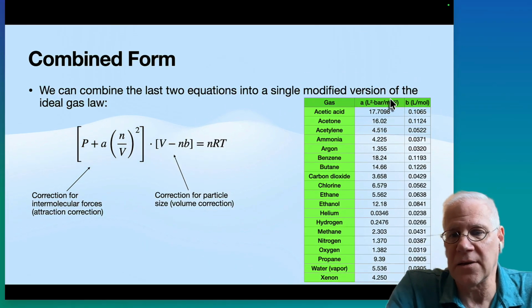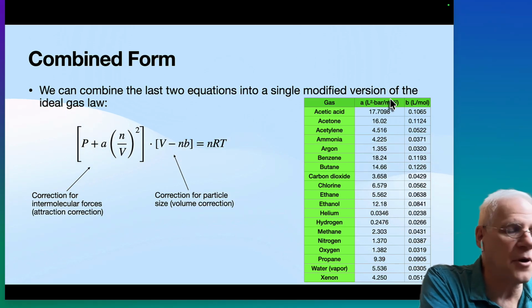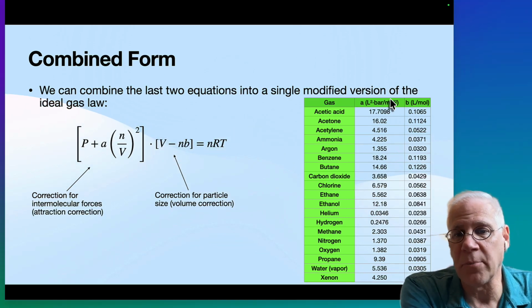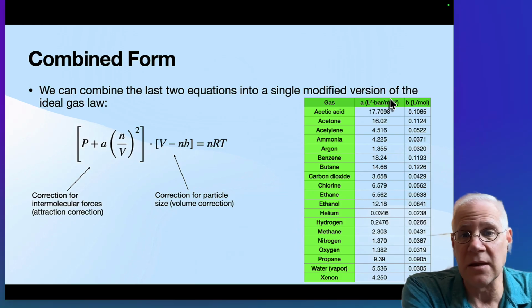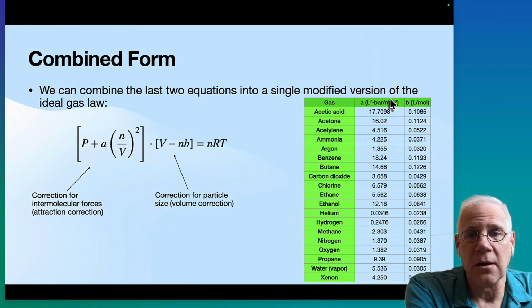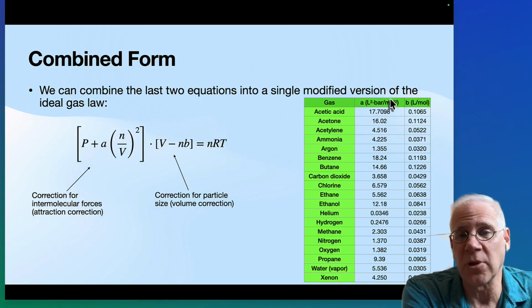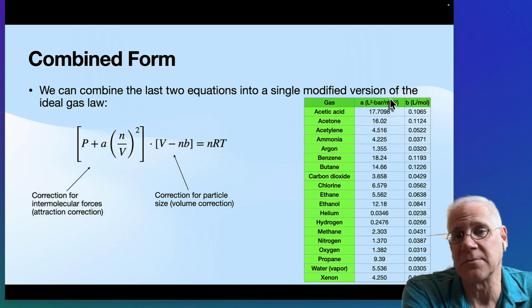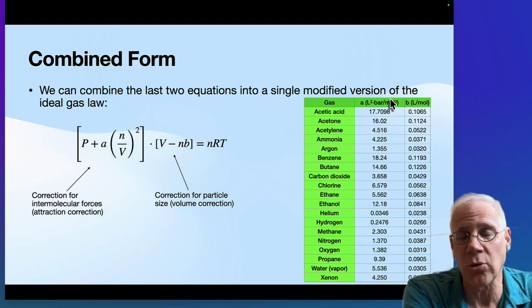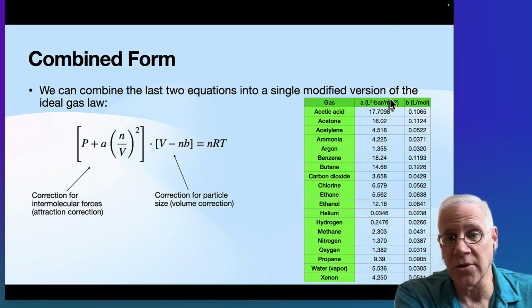Now, if we take a look at some of these a and b values, we can see that they do vary by quite a bit depending on both the size of the molecule or atom and the intermolecular forces associated with that. The biggest variation tends to come in the a constant with those intermolecular forces, because you obviously have some molecules that are highly polar or are very large and have very large London forces.